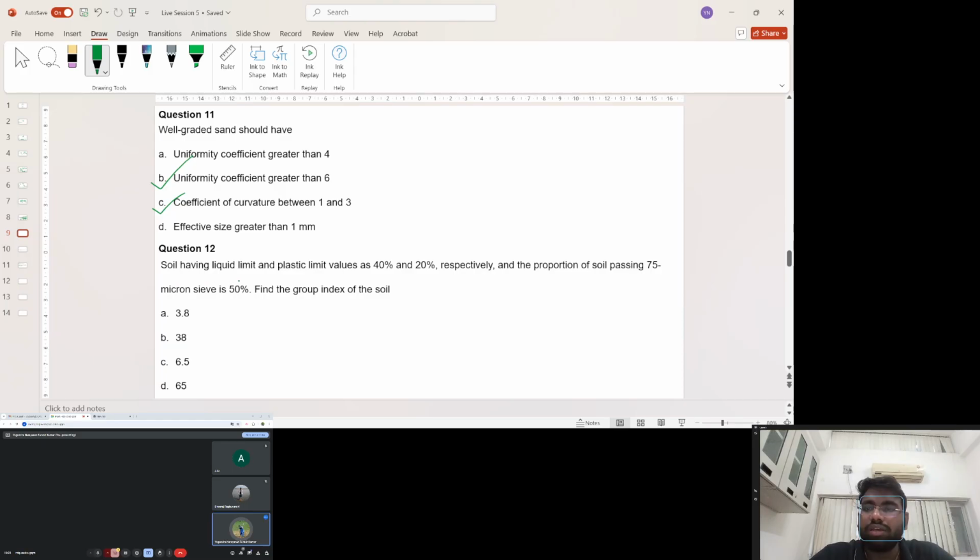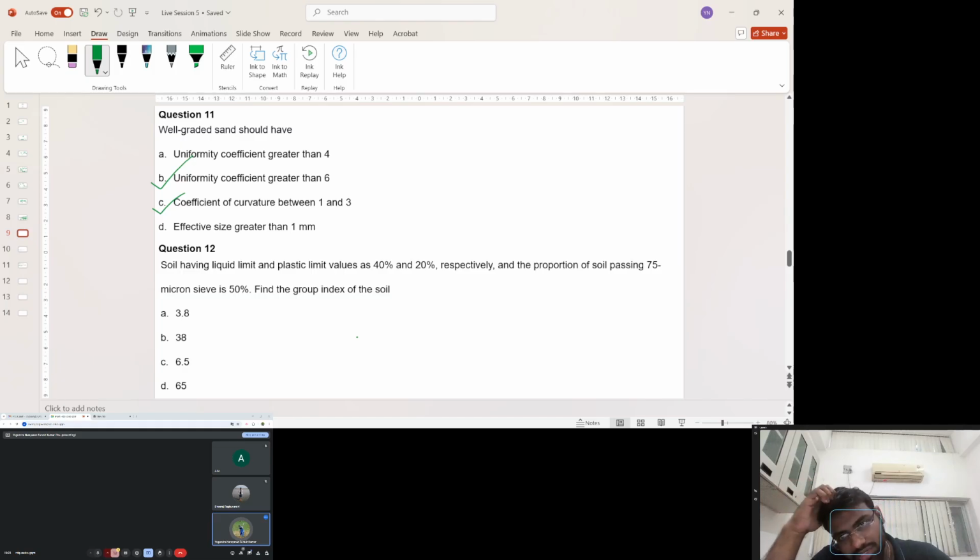Now, a soil having liquid limit and plastic limit values of 40% and 20% respectively, and the proportion of soil passing the 75 micron sieve is 50%.